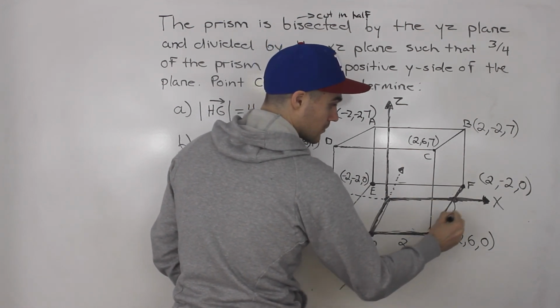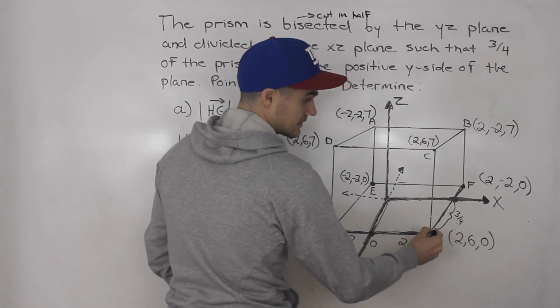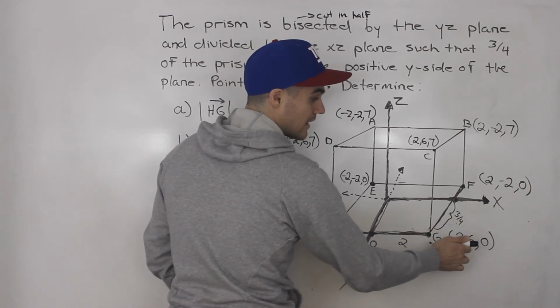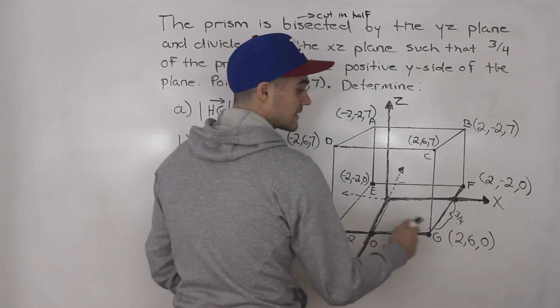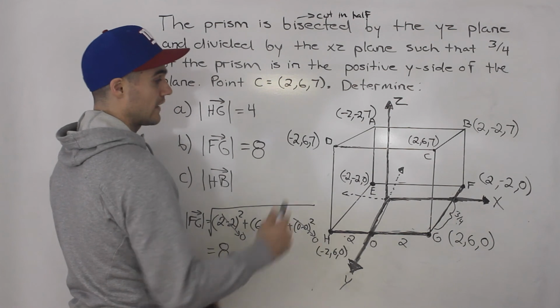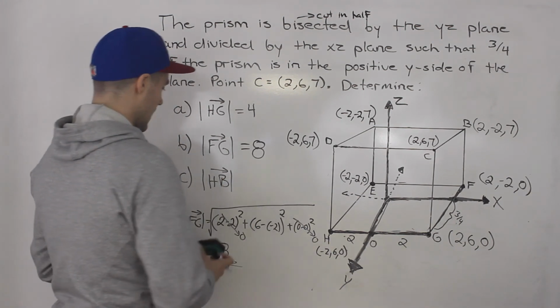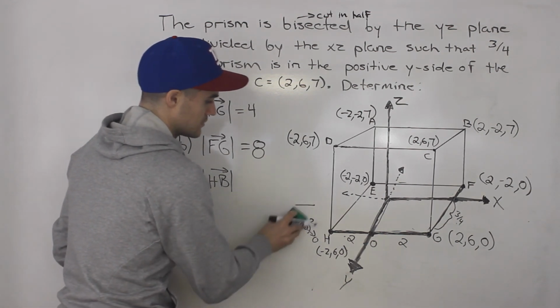So this here, if you remember, was 3/4. And then the distance from here to here is basically the distance from a y value of 0 to a y value of 6. Right? So if we take 6 divided by 3/4, we got that full length of FG, which was 8.